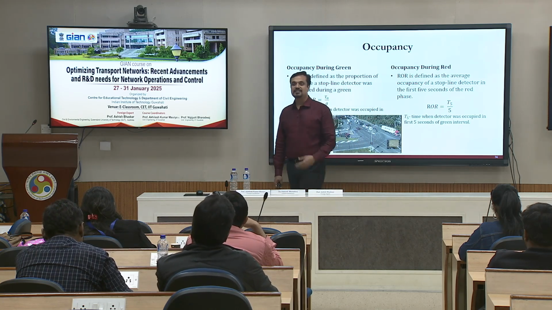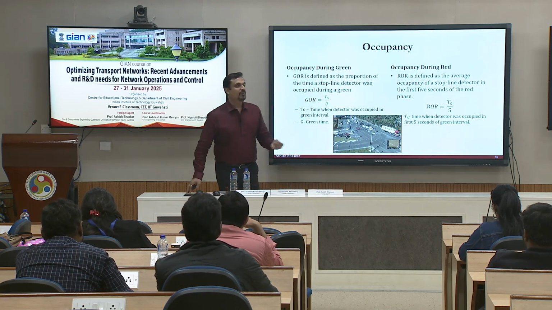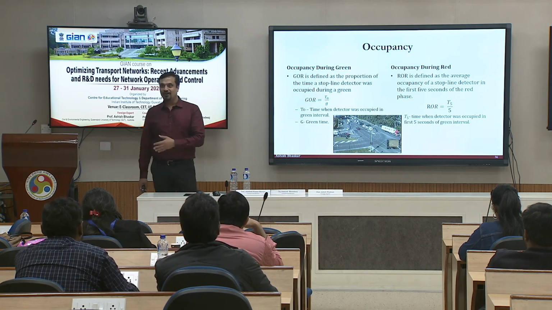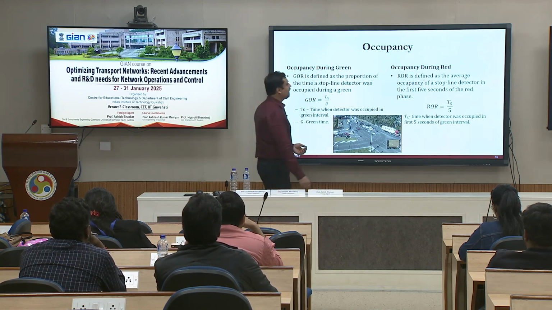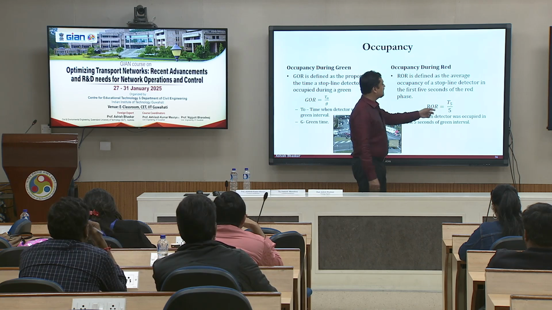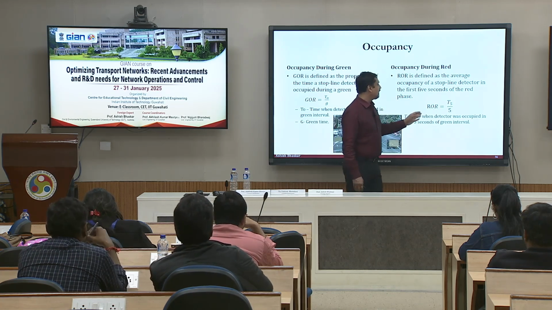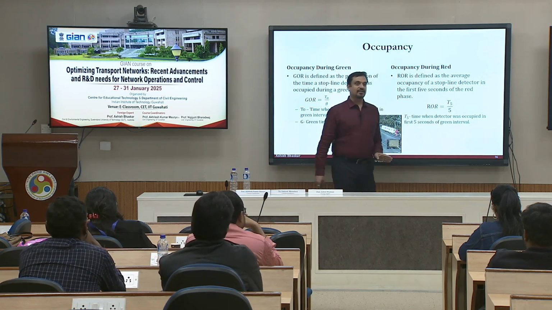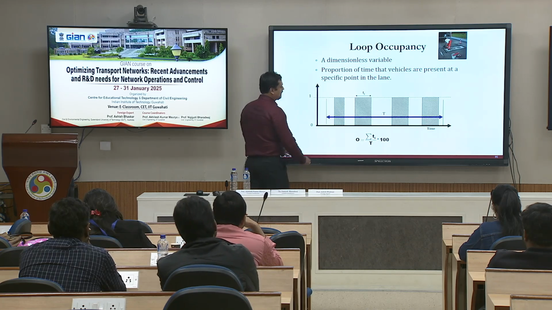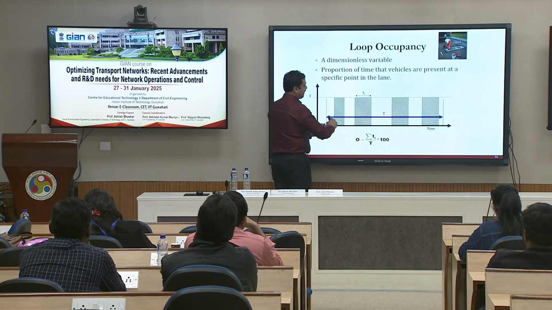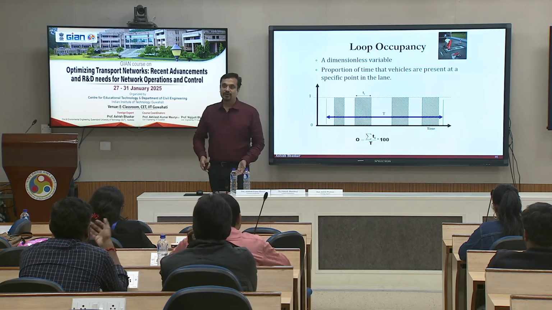You can take 5 seconds, 3 seconds, 2 seconds, whatever you specify, but do not go for long. So, ROR 5 is the occupancy during the first 5 seconds. If I go back to this, this is my first 5 seconds, and whatever occupancy we have observed in the 5 seconds is your ROR.